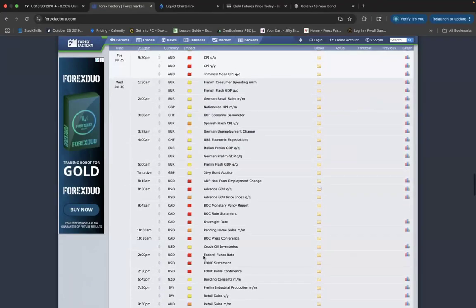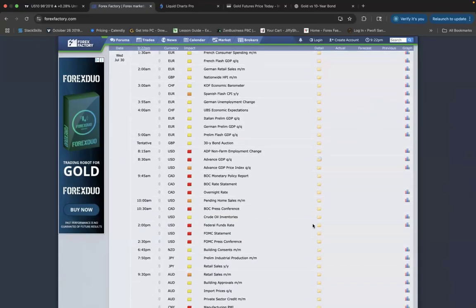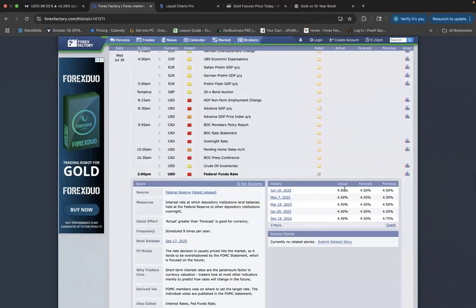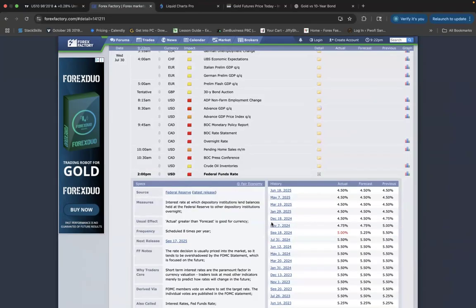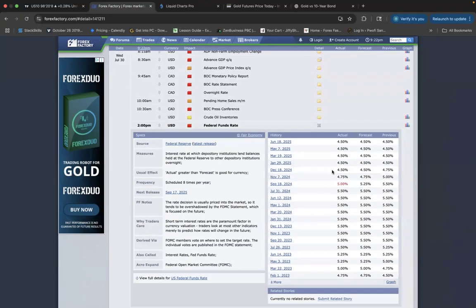Oh, snap. By the end of the month, we've got federal funds rates. And yeah, 4.5, my bad. We've been at a steady 4.5 since December 18th of 2024. We're basically going through the full year with 4.5.